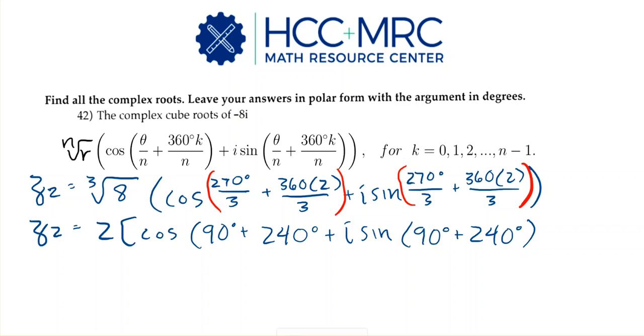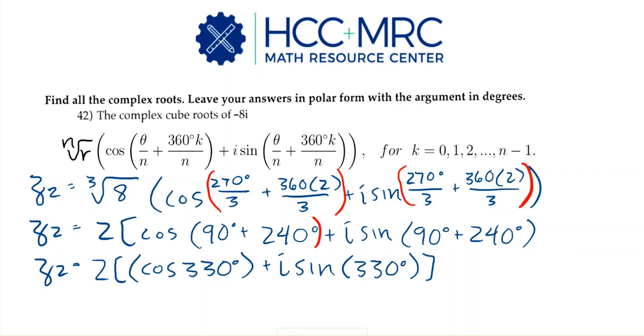When we evaluate, we get z of 2 equals 2 times the cosine of 90 degrees plus 240 degrees plus i sine 90 degrees plus 240 degrees, which finally gives us z of 2 equals 2 times the cosine of 330 degrees plus i sine 330 degrees.